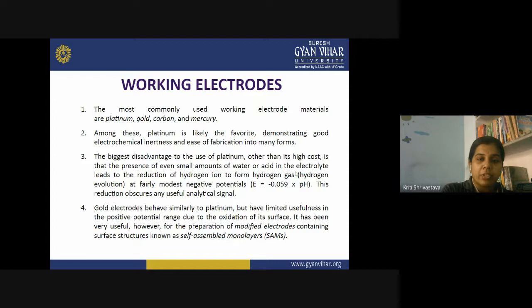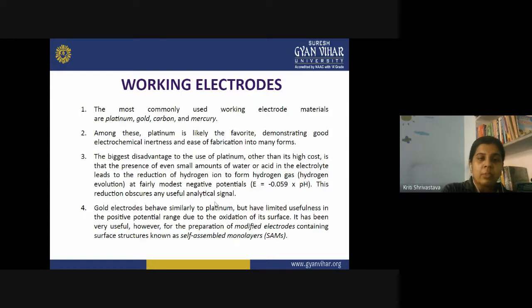And when such electron transfer takes place, it will hinder your experimental measurement. You cannot get any good analytical signal from your analyte because the platinum electrode will be involved in the production of hydrogen gas.